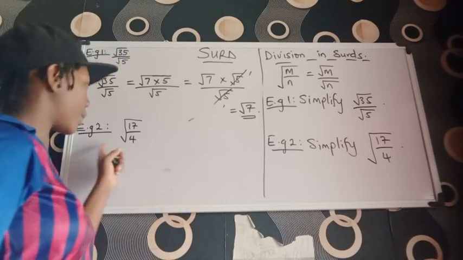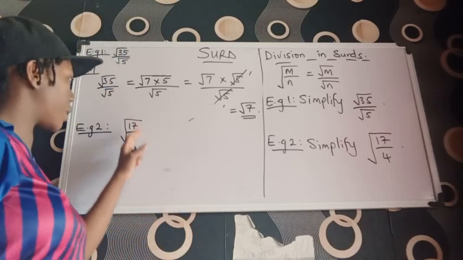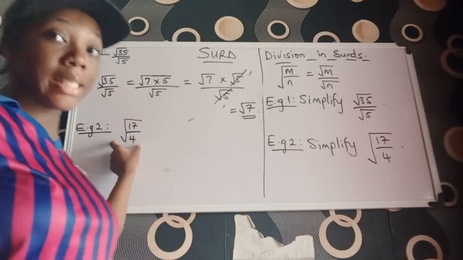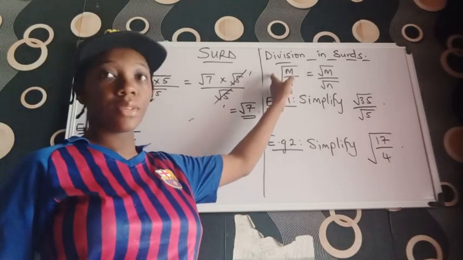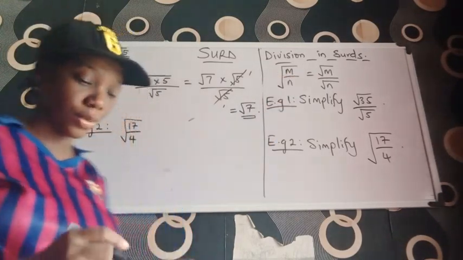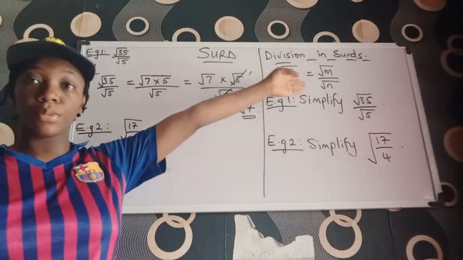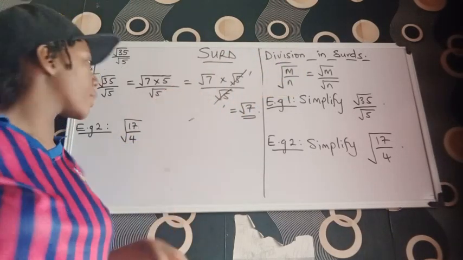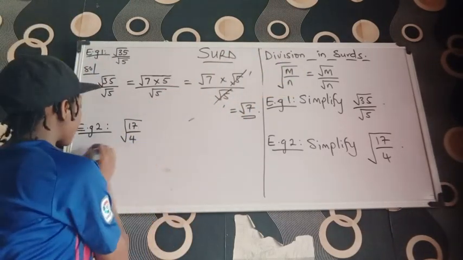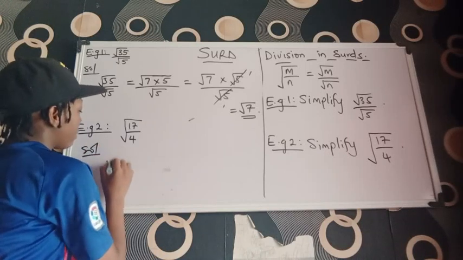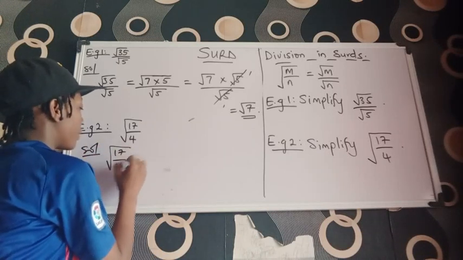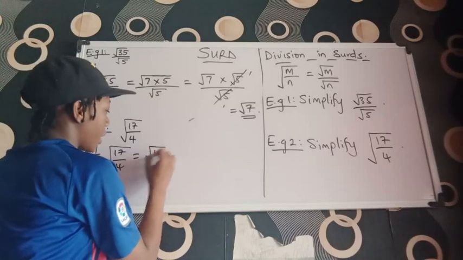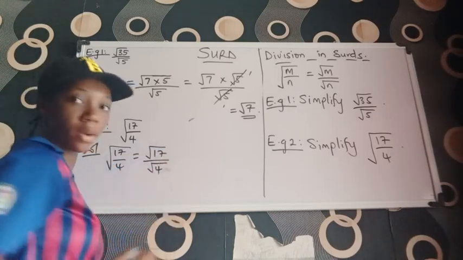We look at this other one again. Root 17 over 4. You can see that this follows the principle we have here for division in surds. And what is the first thing we do? We split. So we say, solution, root 17 over 4 is the same thing as root 17 over root 4.